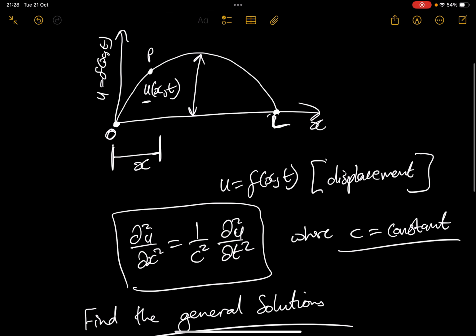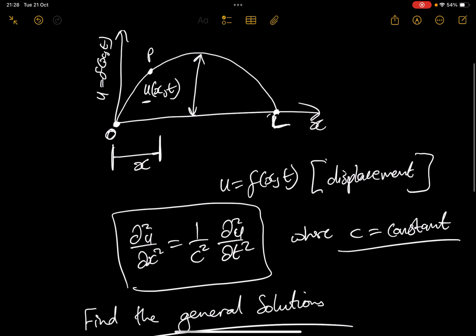Now look at this expression really closely. We can see that this expression cannot be 0 for all values of t.